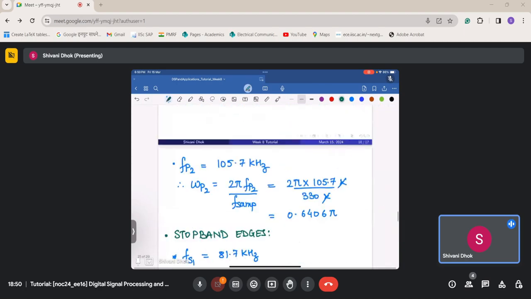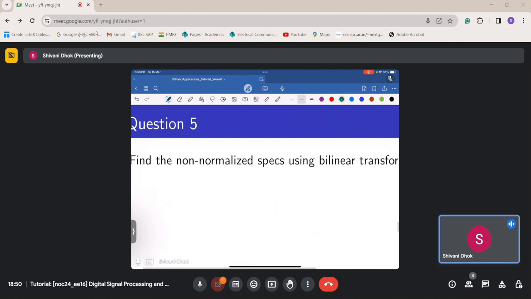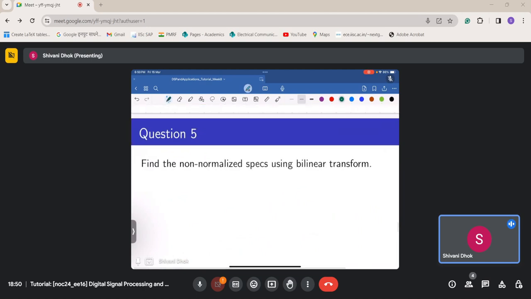After that, you will find the unnormalized specifications using the bilinear transform, and these specifications will be for its equivalent filter, which we shall design using the bilinear transform.